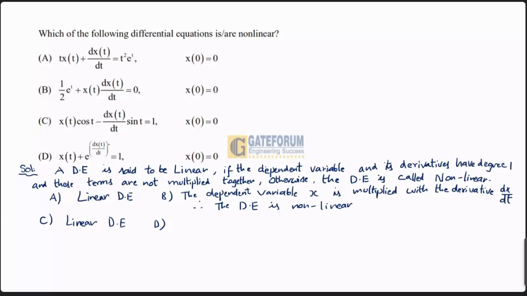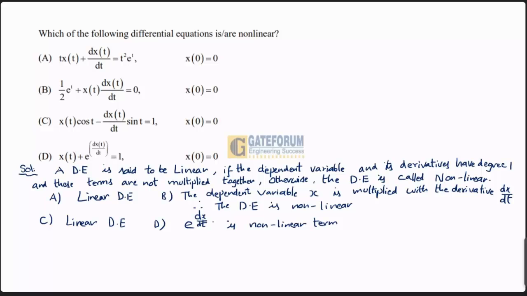Option D. e power dx by dt is a non-linear term, because e power dx by dt is 1 plus dx by dt plus dx by dt whole square by 2 factorial and so on, using Taylor series expansion.